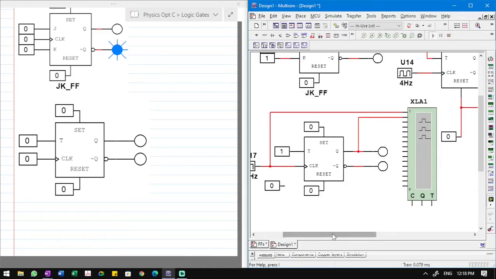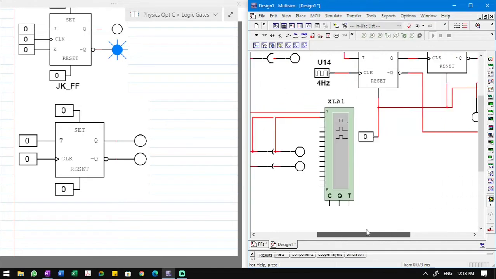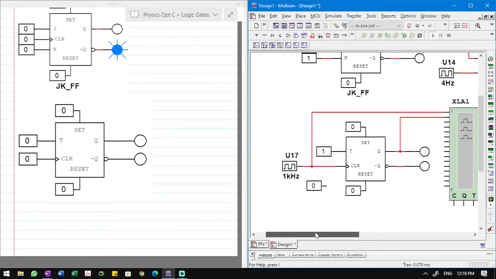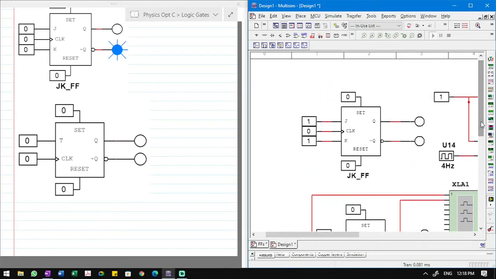Now the SR flip-flop could be modified in such a way that you cannot possibly set up race conditions in it, right? I'm not going to show you all the modification, right? But it could be modified in such a way that you cannot possibly set up race conditions in such a flip-flop, right?